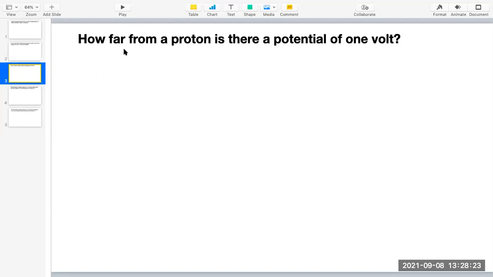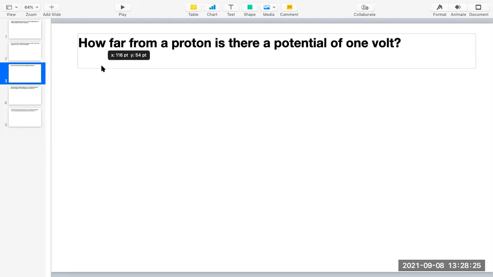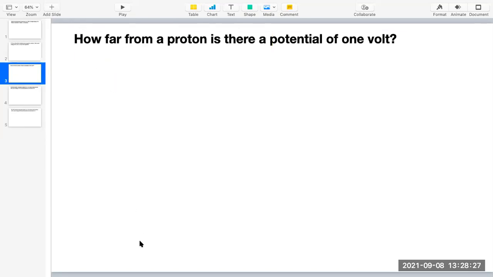The equation is our electrical potential equal to kQ over r.